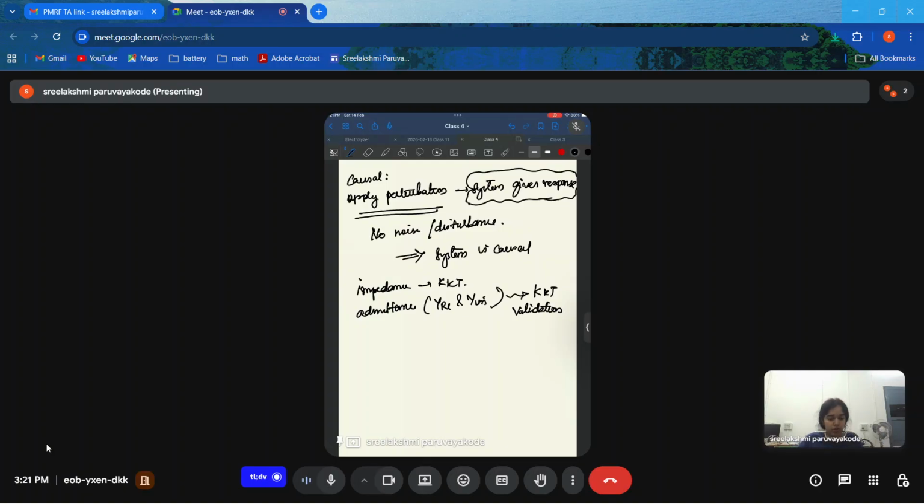Now we'll look into what the Kramers-Kronig equation is. Like we said, it's feeding into a system, but what is the equation? I'll simply write down the equation for KKT. Z imaginary of omega equals minus 2 omega by pi, integral from 0 to infinity of (Z real of x minus Z real of omega) over (x squared minus omega squared) dx.